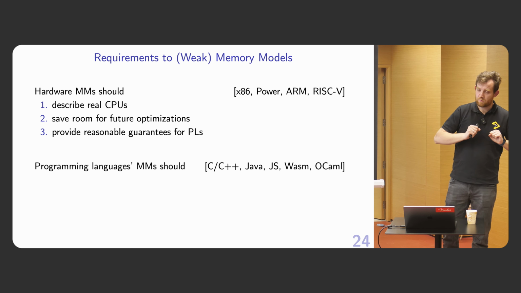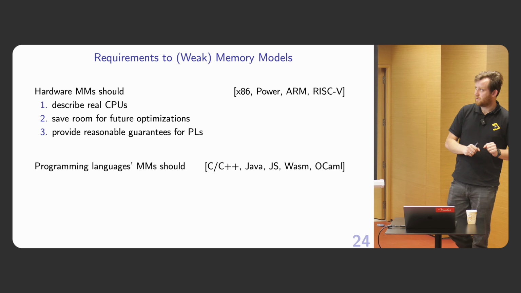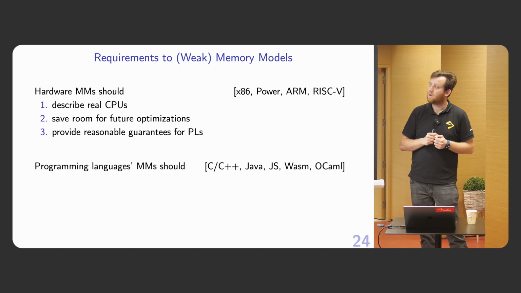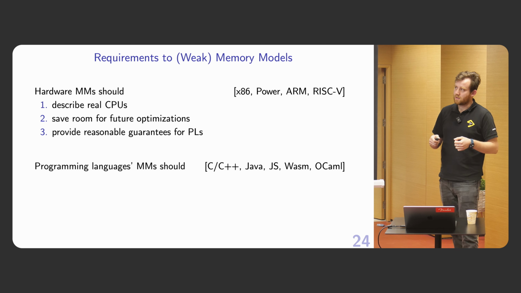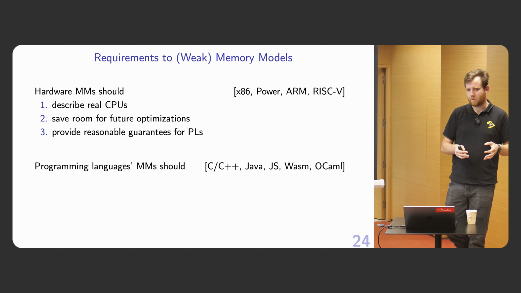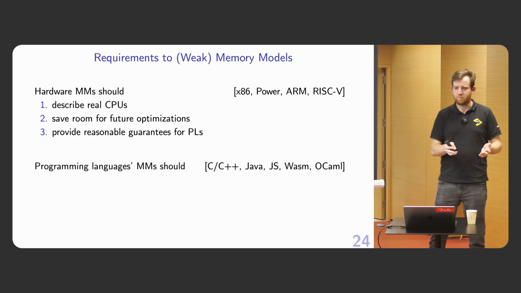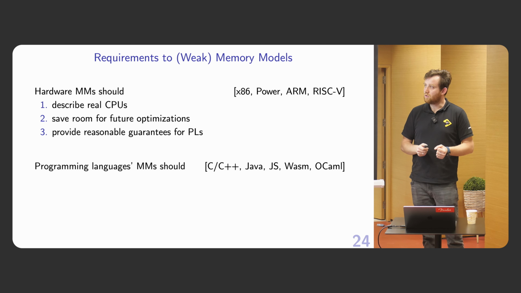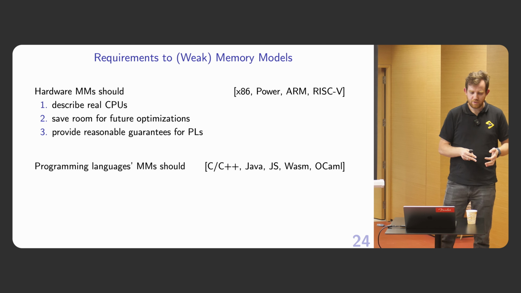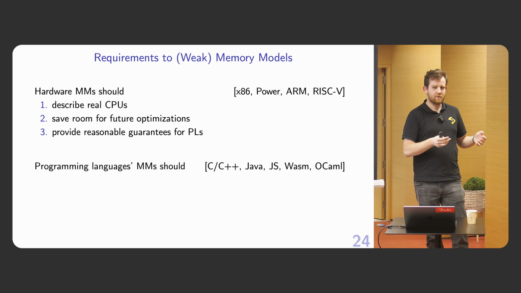When we speak about hardware memory models, the things which are specified in architecture textbooks, we want them to be precise in the sense that they describe real CPUs. So if there is something which may happen in real life, we want it to be allowed by the formal specification of the architecture.